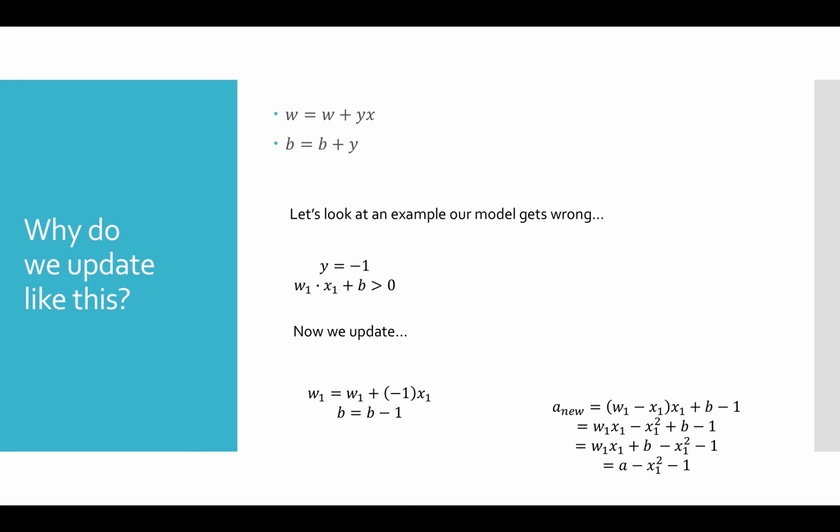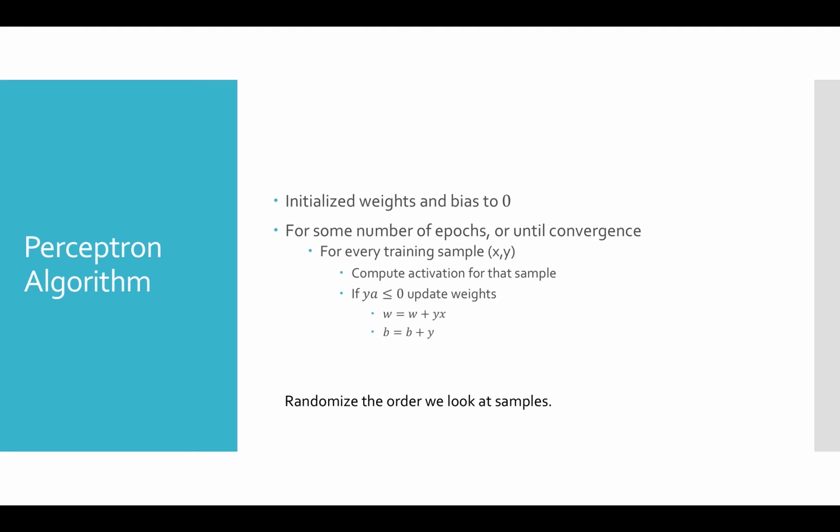So that means our new activation is going to be less than our old activation, right? Because we're taking our old activation and we're subtracting two positive numbers. So we're reducing our old activation. That means our new activation is going to be closer to the label than our old activation was. That's the reasoning behind those weight updates.